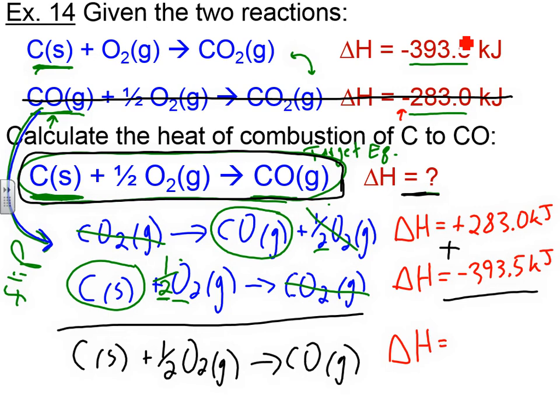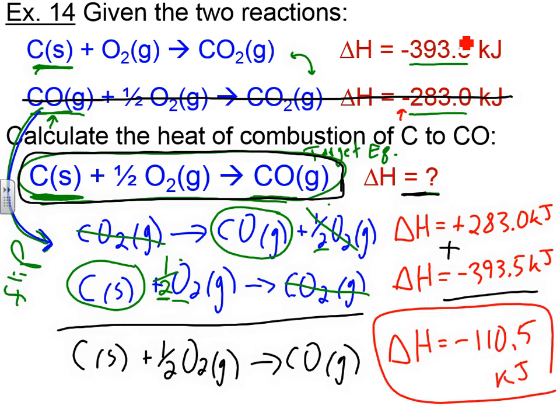Now it looks like you'll essentially do 283.0 minus 393.5. So 283 minus 393.5, and you get negative 110.5 kilojoules. And that is now the delta H for the reaction.